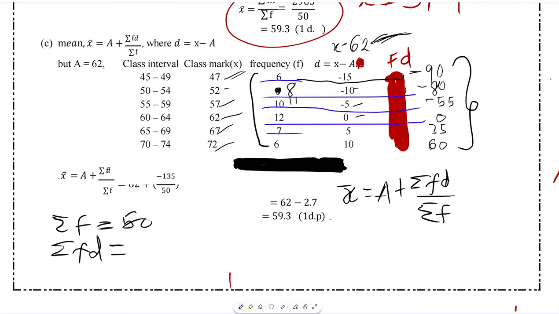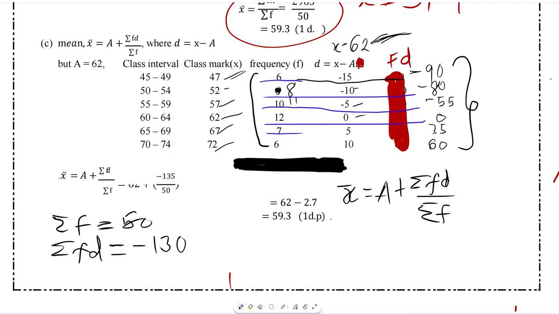We have minus 90 minus 80 minus 55 plus 0 plus 35 plus 60. That's 95 positive, so that's negative 130. Summation FD is minus 130. Are you seeing that now?